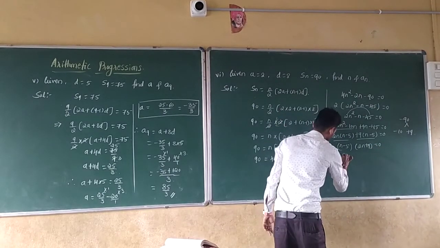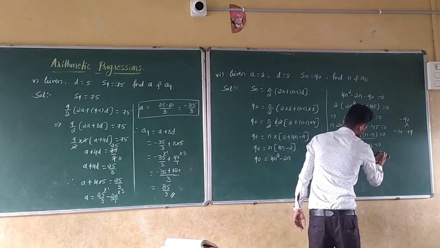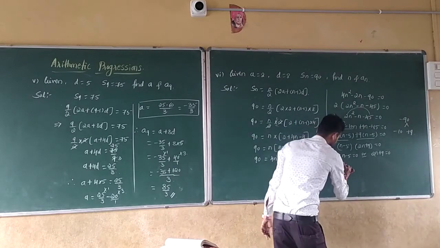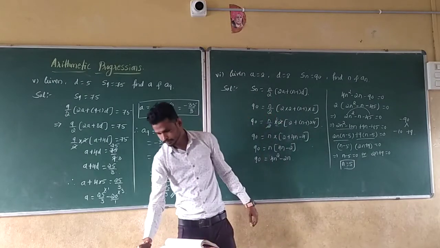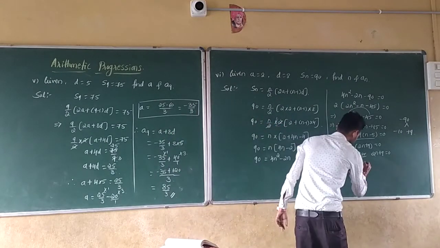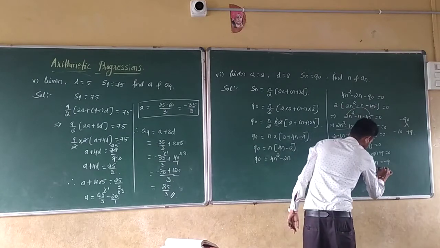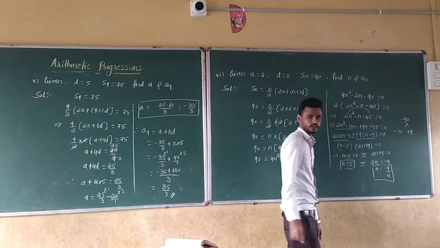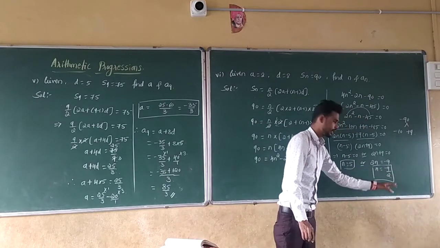So either n minus 5 equals 0 or 2n plus 9 equals 0. So either n is equal to 5 or 2n is equal to minus 9 and n is equal to minus 9 by 2. So you got two values of n: one is 5 and another is minus 9 by 2.